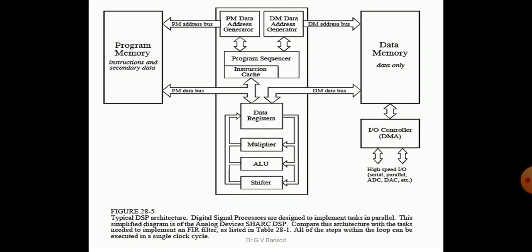So we are increasing the number of turns. If we do not design the cache carefully, there will be more latency. So we should be very careful in designing the cache. Alright, so this is how the typical DSP architecture looks like, which is SHARC, which has a DMA I/O controller operating through DMA, and the instruction cache.